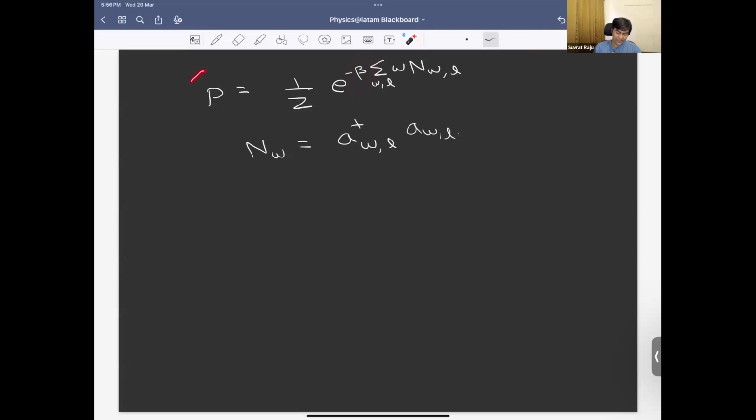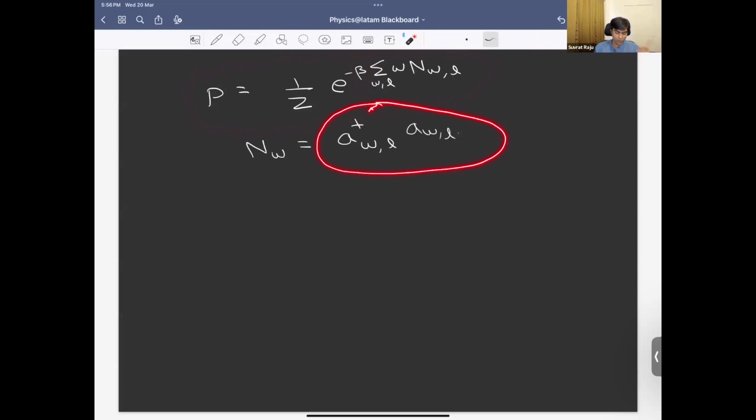If you put the system in this kind of thermal density matrix, then it's consistent that if you were to compute the expectation value of this number operator, you would get the Boltzmann factor that you had previously.